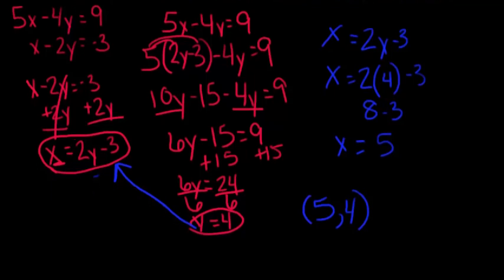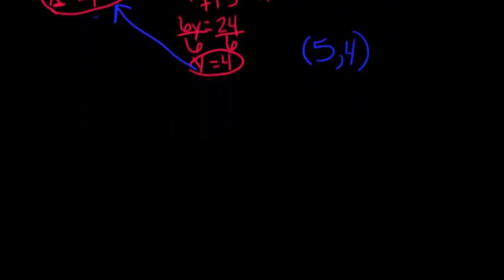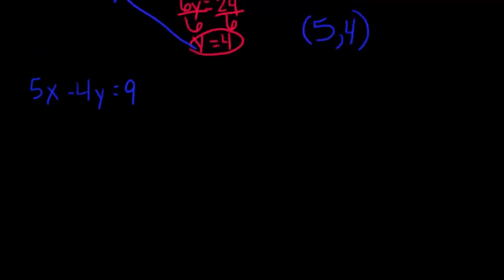Now you can always take these values and plug them back into each equation. So again, our first equation was 5x minus 4y is equal to 9. I'll put this up here so we can still see. So we know that x is 5 and y is 4.